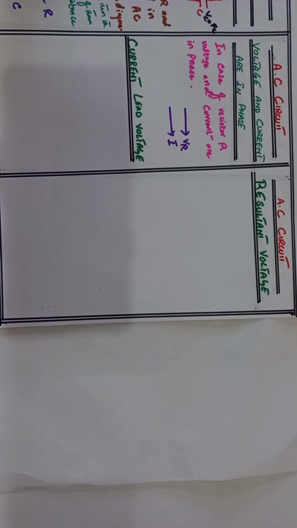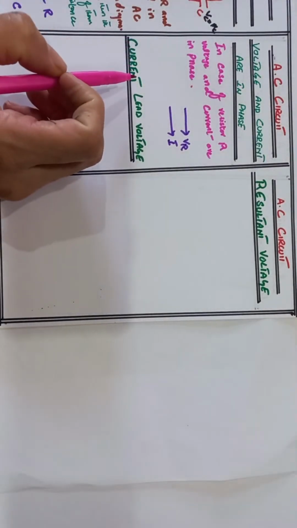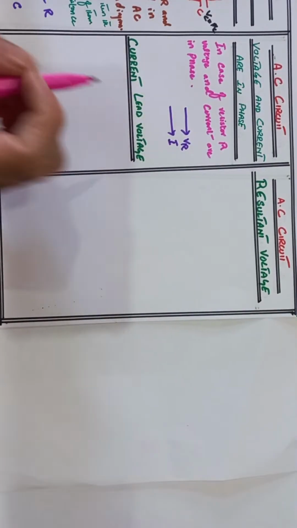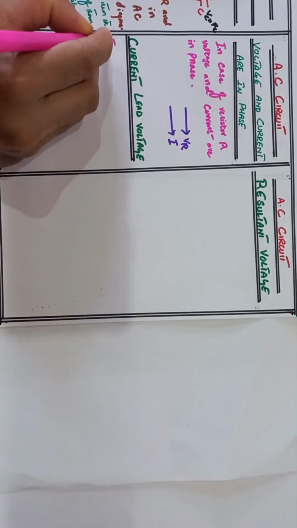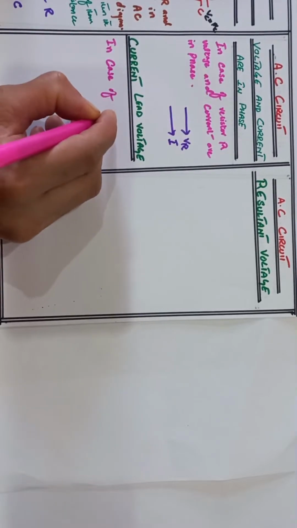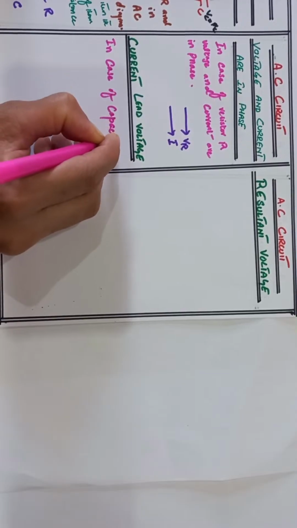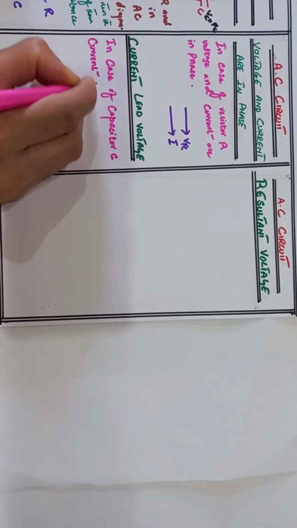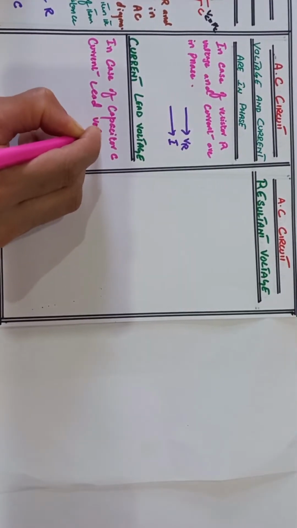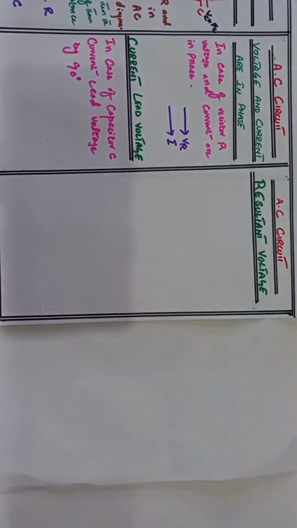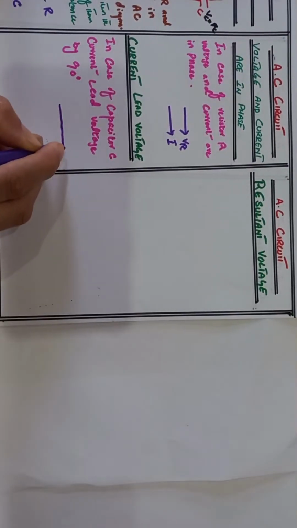Second, we discuss the capacitor. Whenever the current flows in the capacitor, the current always leads the voltage by 90 degrees. So in case of capacitor C, current leads voltage by 90 degrees. So the phasor diagram looks like this.